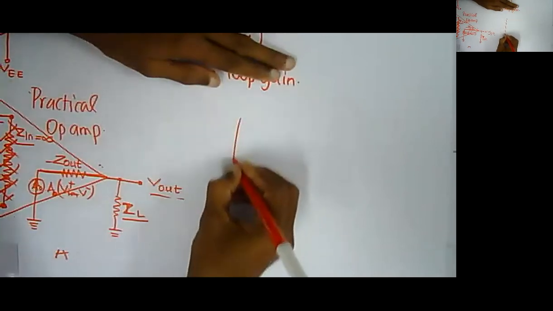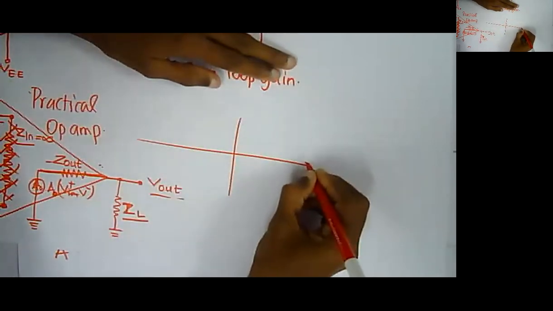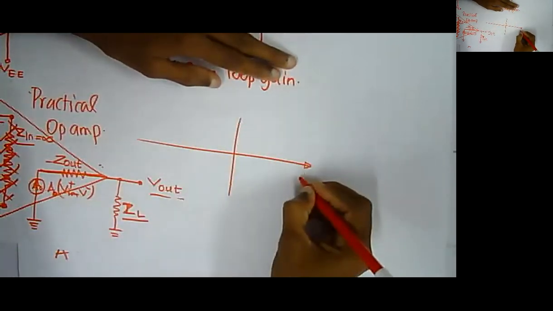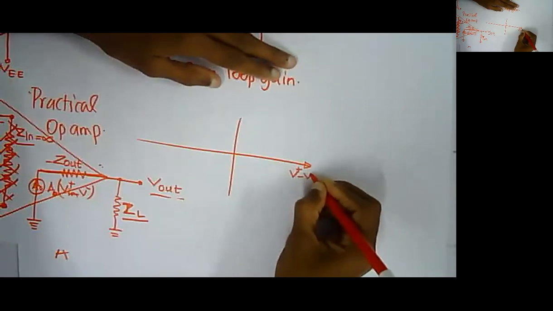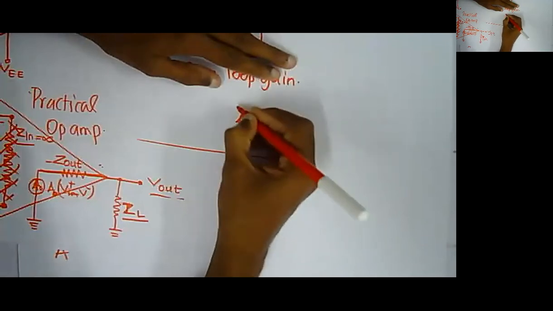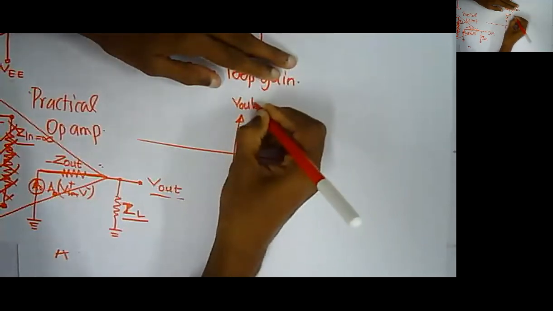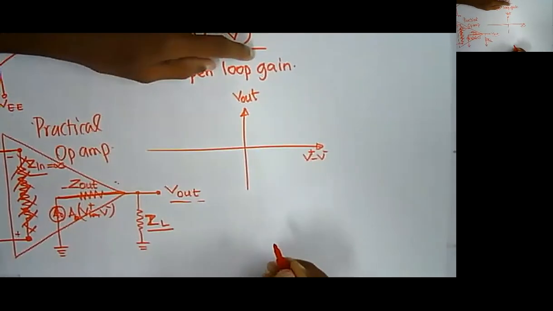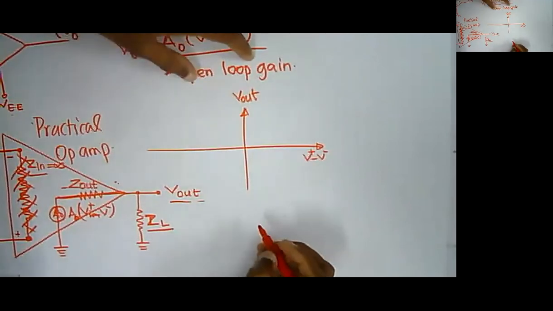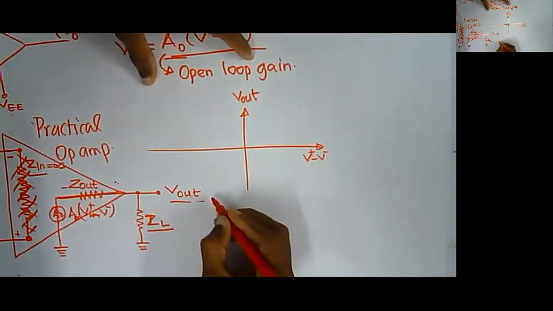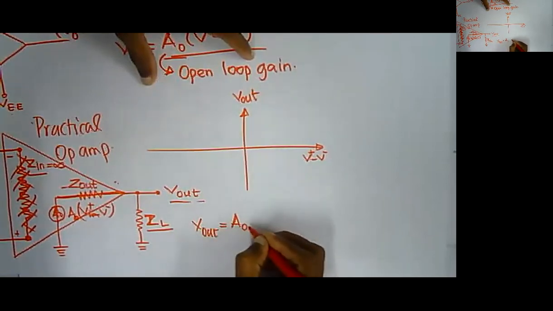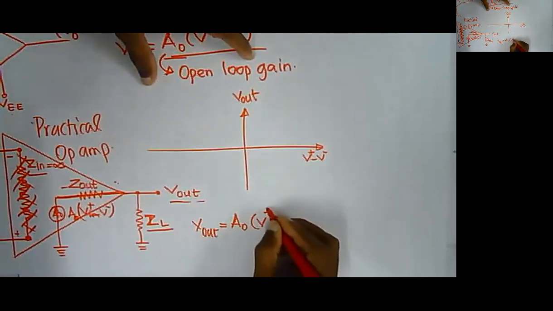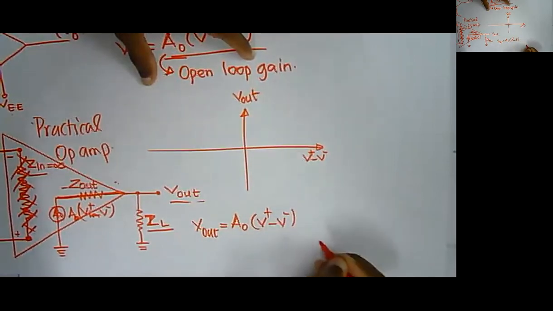If I draw the transfer characteristic, this could be V plus minus V minus, and this is V out. In mathematical form, V out is equal to AO into V plus minus V minus.